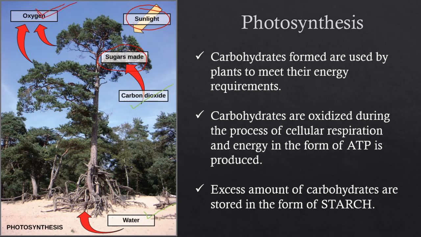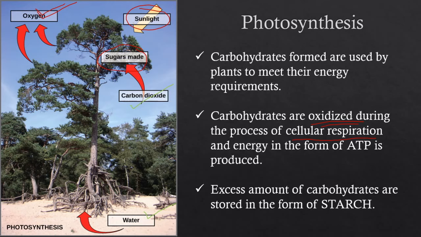Oxygen is important for us, for the living animals, organisms, and the oxygen is a byproduct of the process of photosynthesis. Now the carbohydrates formed are used by the plants to meet their energy requirements, and the carbohydrates are oxidized later on during the process of cellular respiration, and ATP is formed out of this.